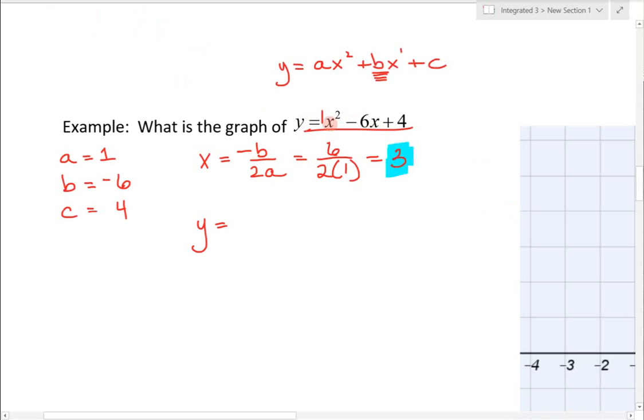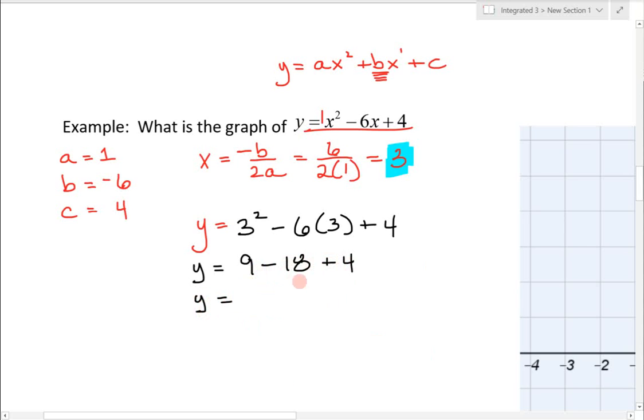So it's going to be 3 squared, minus 6 times 3, and then plus the 4. Now, like I said, you can use your calculator, but I'm just going to do this by hand. 9 minus 18 is -9, plus 4 is -5.